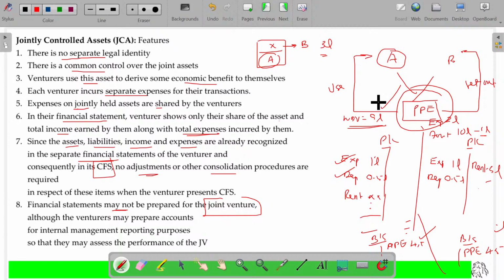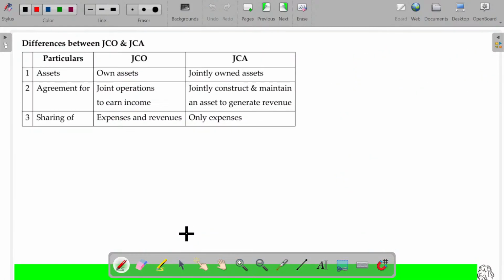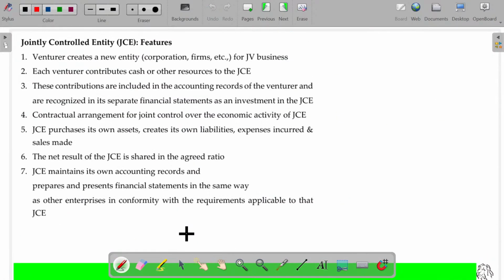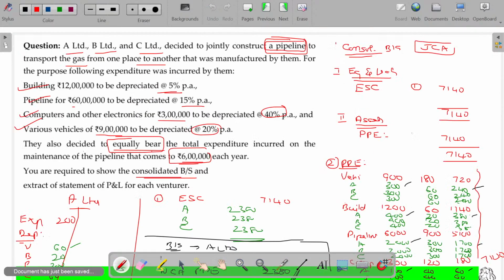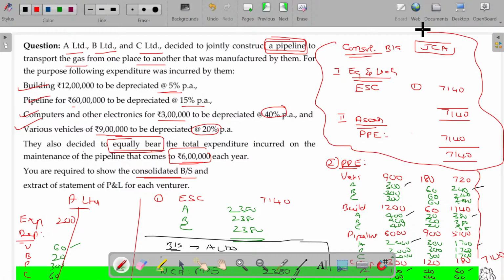Although the venturers may prepare accounts for internal management reporting purposes so that they may assess the performance of the joint venture. Anyhow, they will prepare it for internal management purposes only, to understand the value of the assets they hold. That's all. It is not required, but anyhow they will prepare it for their internal understanding.